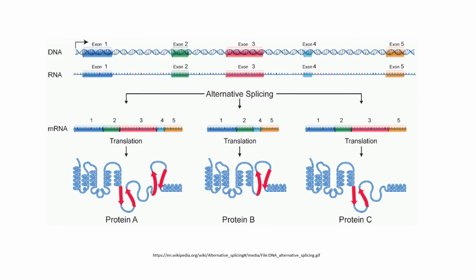Expressed means they get turned eventually into a protein. And so exon is the abbreviation for expressed region. And then regions still in the same gene that are not expressed, and they are called introns.